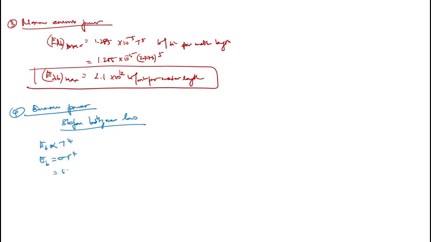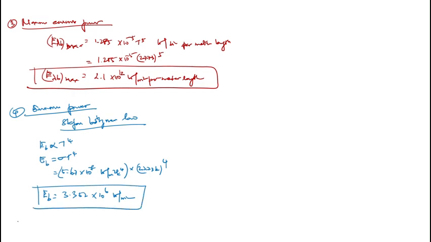So sigma, you already know the constant, the Stefan-Boltzmann constant 5.67 into 10 to the power of minus 8 watt per meter square Kelvin power 4, into the temperature 2773 Kelvin power 4. After substituting the values, you are getting the total emissive power equal to 3.352 into 10 to the power of 6 watt per meter square.